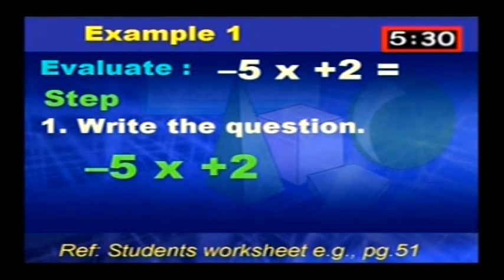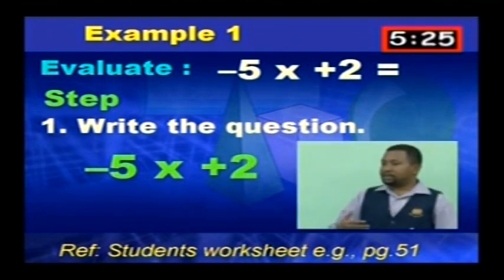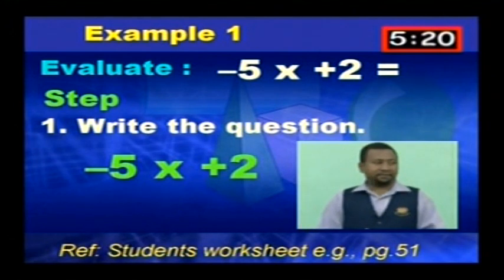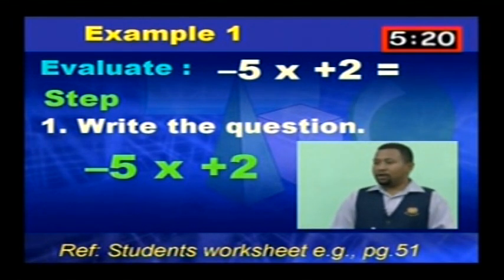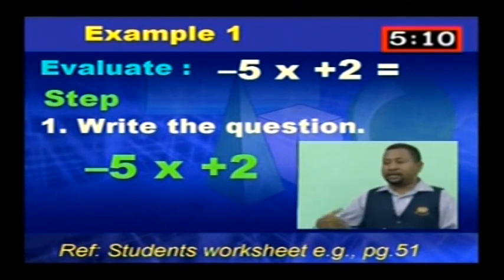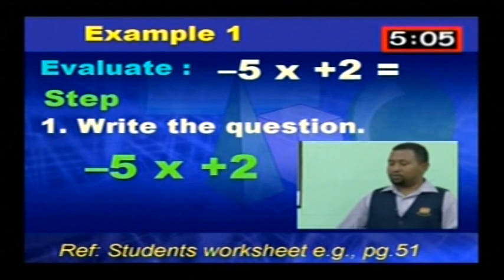Step number 1. 7Es and receiving students, step number 1, you are going to write the question down. So, negative 5 times positive 2. What do you think step number 2 will be? And step number 3. I will give you a few minutes to work out the other steps that you are going to follow to come to an answer.